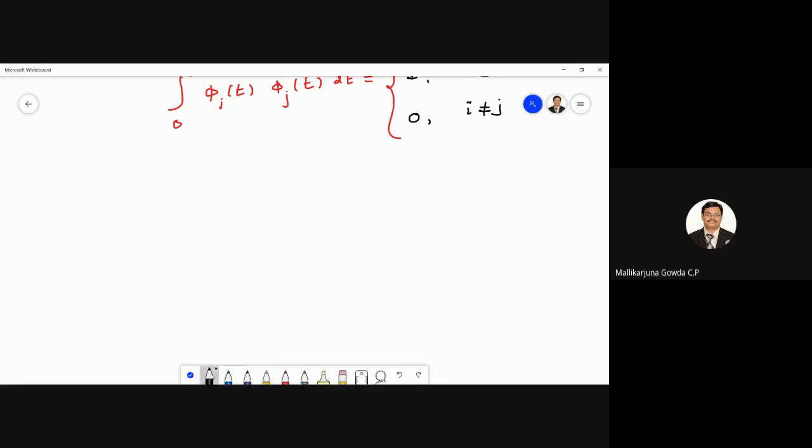The Gram-Schmidt procedure is all about determining a set of n orthonormal functions. So as a first step, let me find out phi 1 of t. How do I find it? Looking at the above equations, is there any idea?